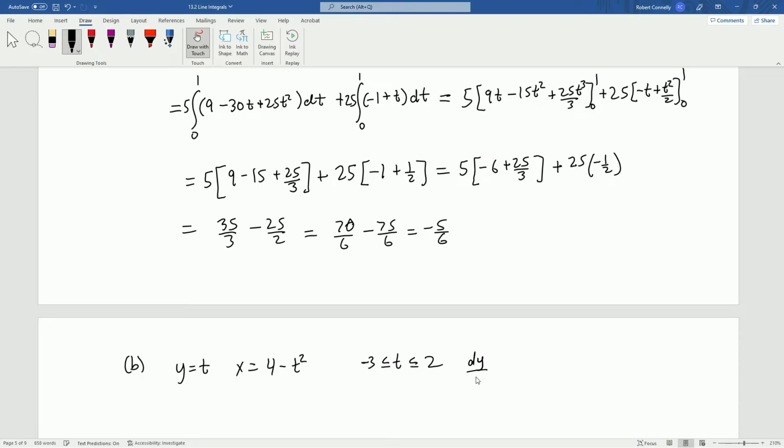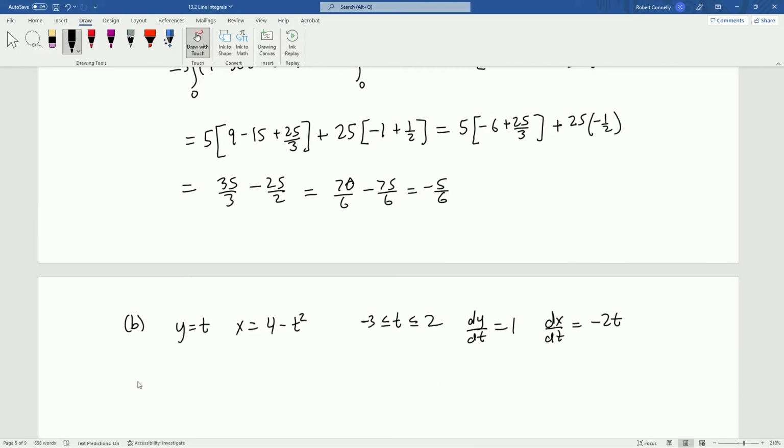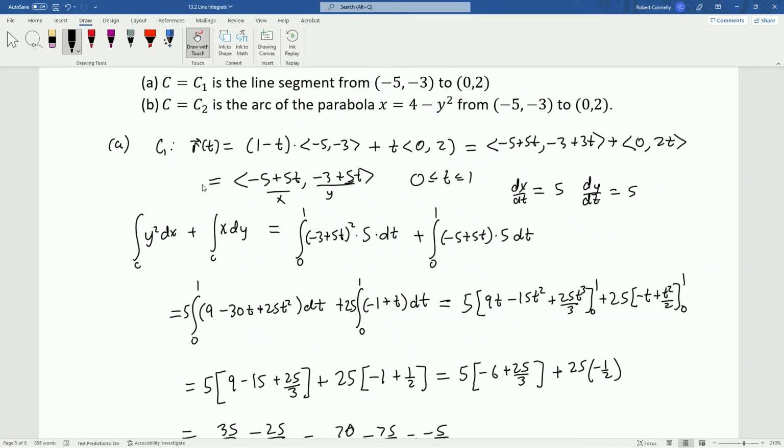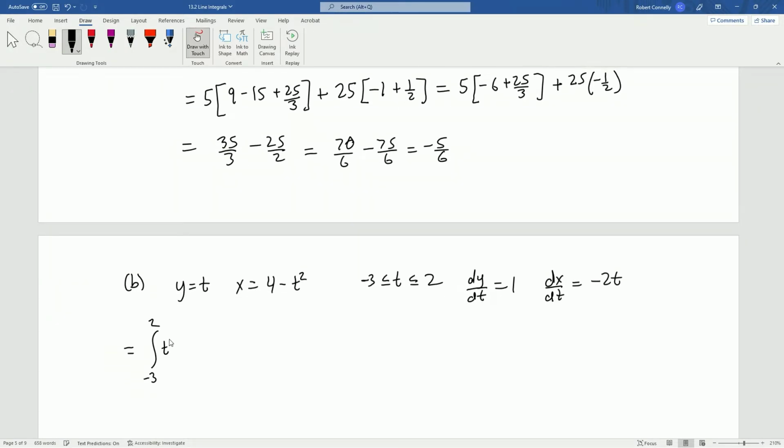Now dy/dt is 1, and dx/dt is negative 2t. So our integral should be the integral from negative 3 to 2 of y squared dx.